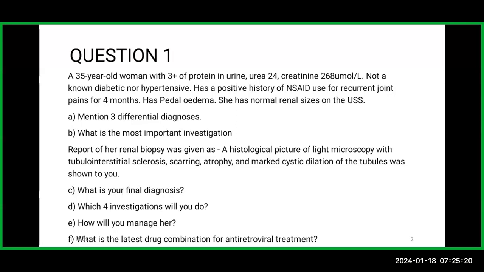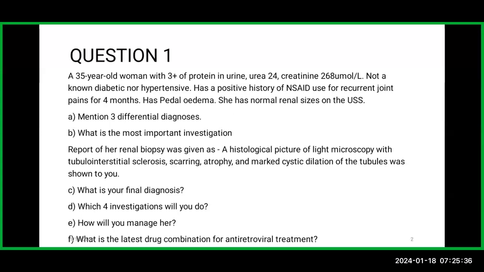For anybody spilling this much protein where you can't find any other reason, you may also have to do a biopsy, and that will basically determine your management.